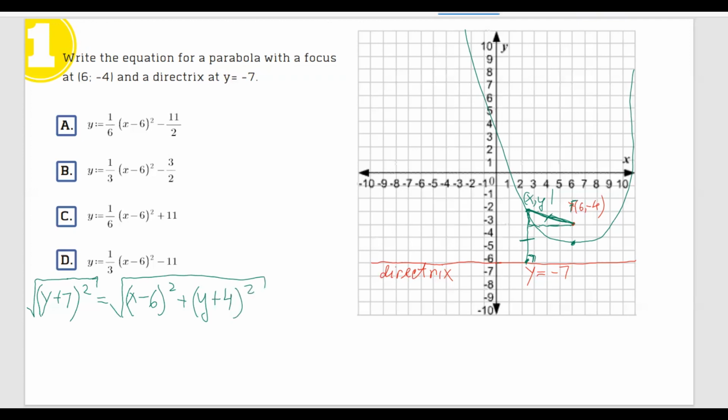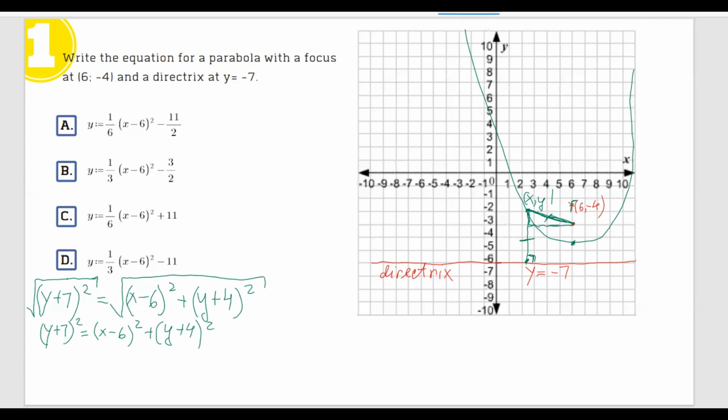And now we're going to get rid of the radicals by squaring both sides, and we are going to be left with (y plus 7) squared equals (x minus 6) squared plus (y plus 4) squared.